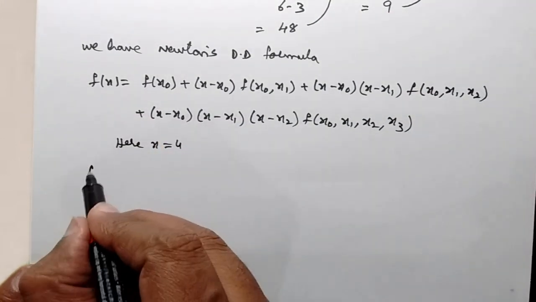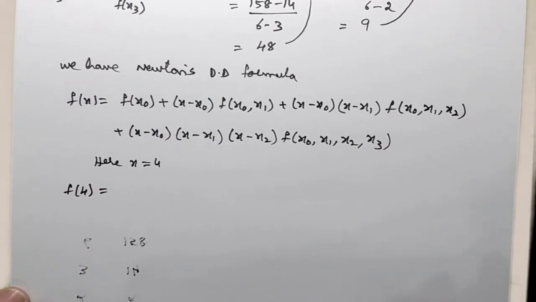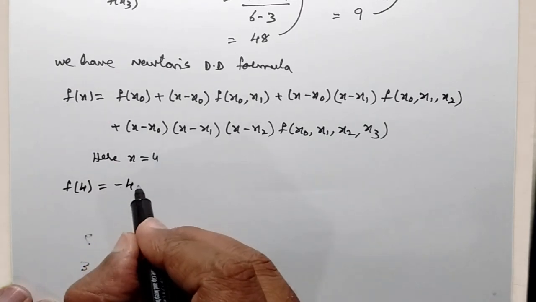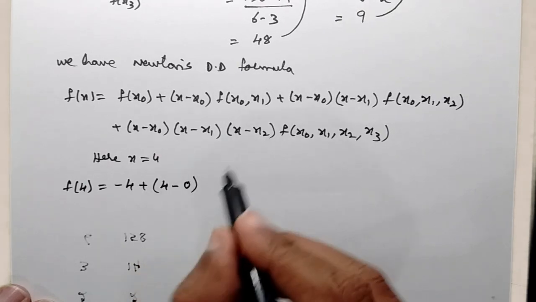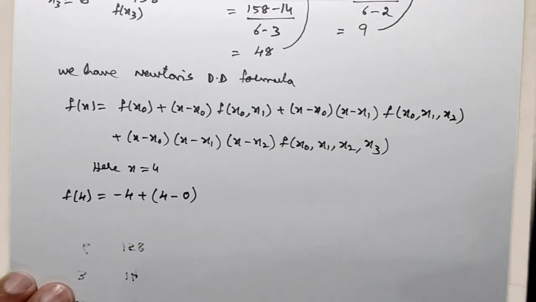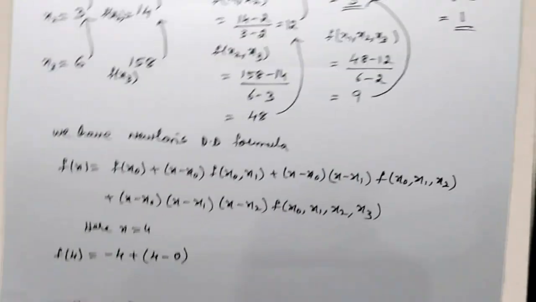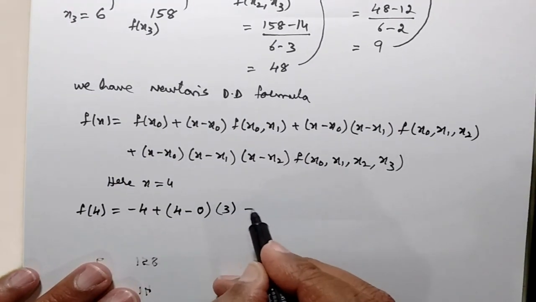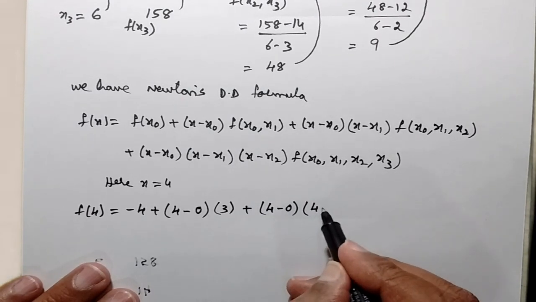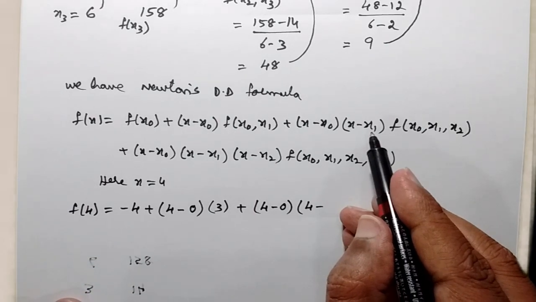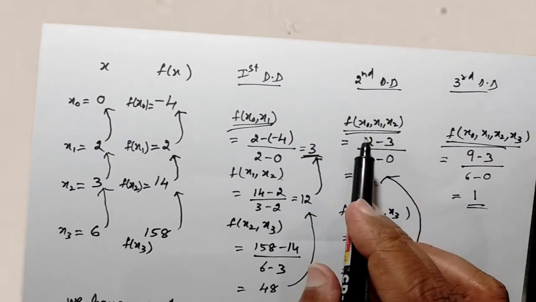So just plug in: f of 4 will be equal to f of x0. From the table, the value of f of x0 is minus 4, plus x value 4 minus x0 value, which you can see in the table is 0. What is f of x0, x1? The first divided difference, f of x0, x1, its value is 3. So you can write that value as 3, plus x value 4 minus x0 value 0, into x value 4 minus x1 value 2, into f of x0, x1, x2, the second divided difference.